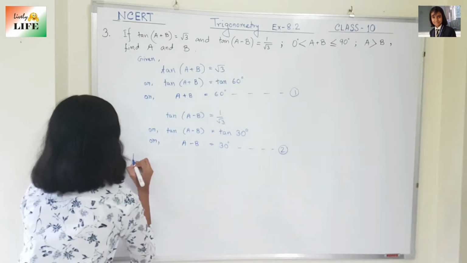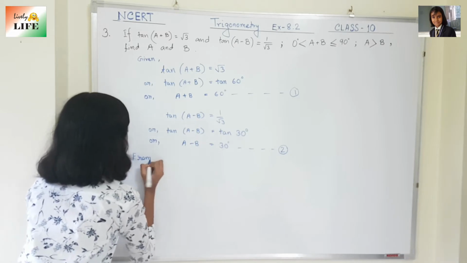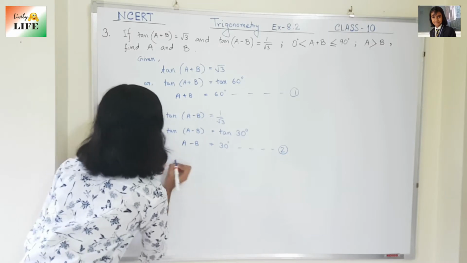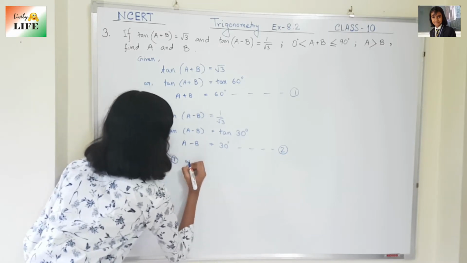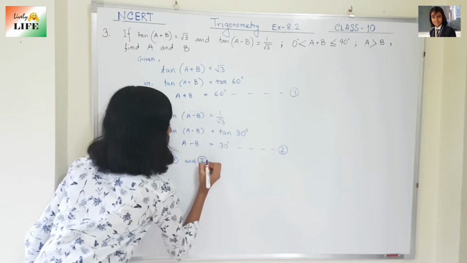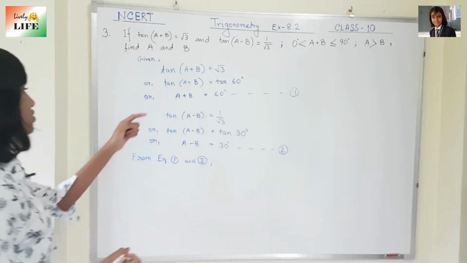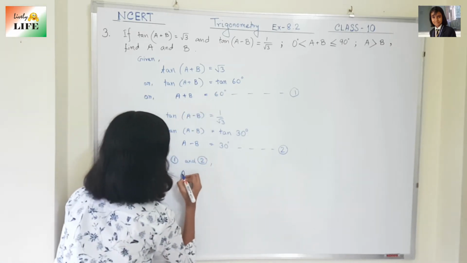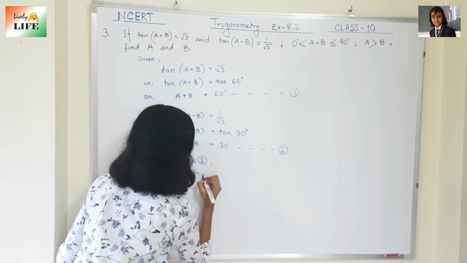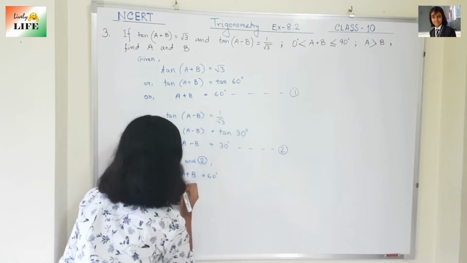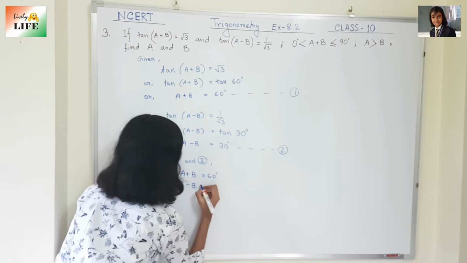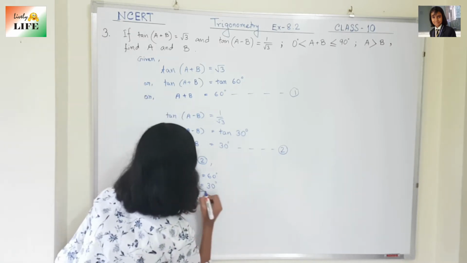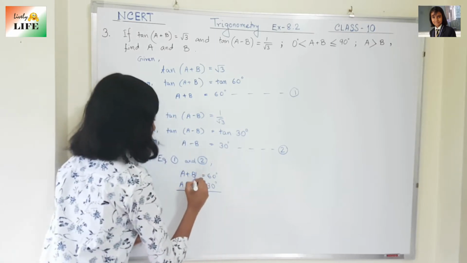Now, from equation 1 and 2, a plus b is equal to 60 and a minus b equal to 30. Right? Now plus b minus b will be cut.